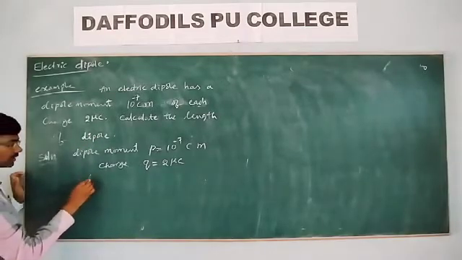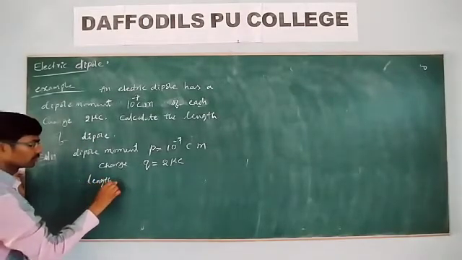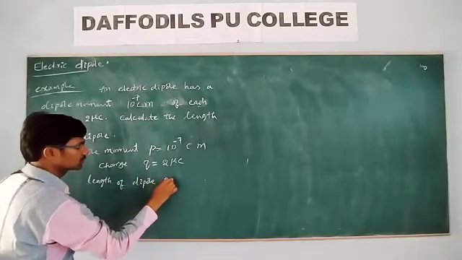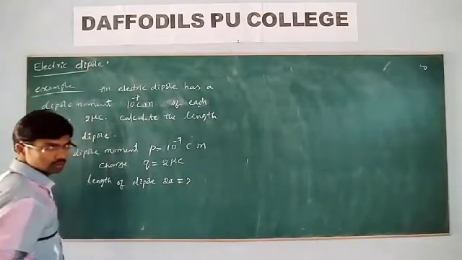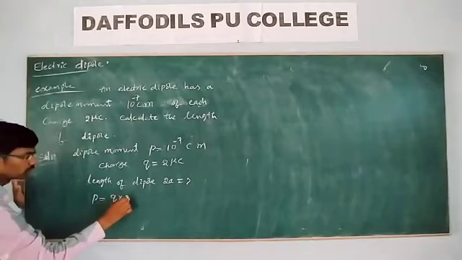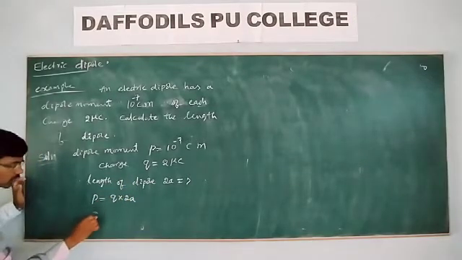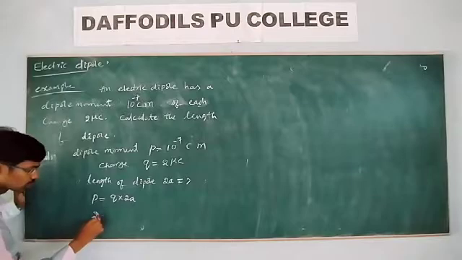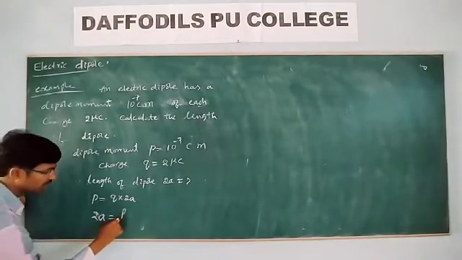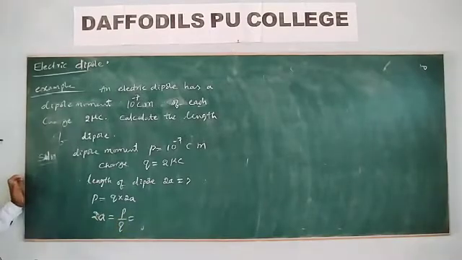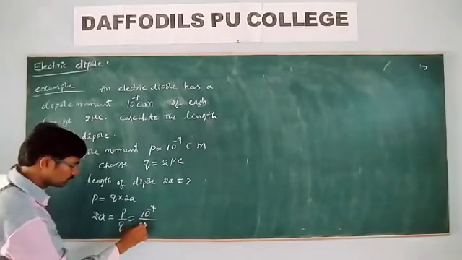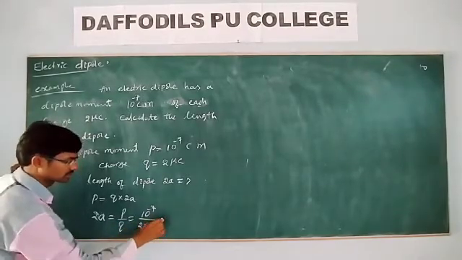What will be the length of the dipole? Length of dipole is 2a. We know dipole moment P is equal to Q into 2a, then 2a is equal to P by Q, which is 10 power minus 7 by 2 microcoulomb, that is 2 into 10 power minus 6.